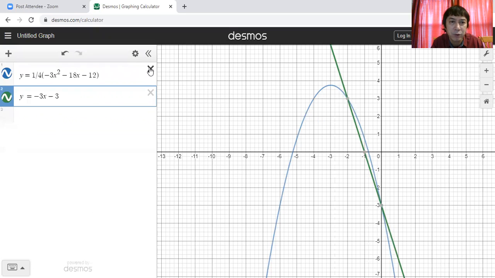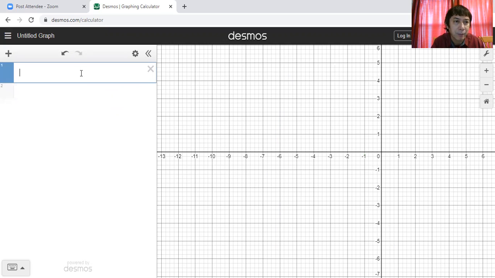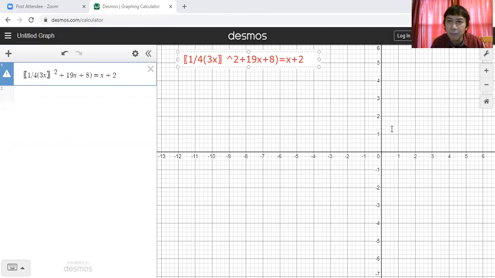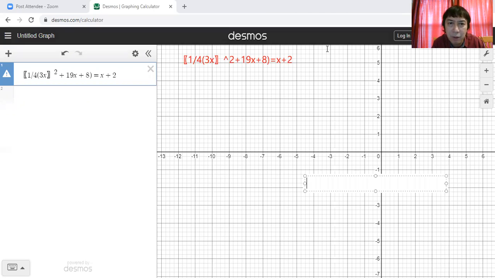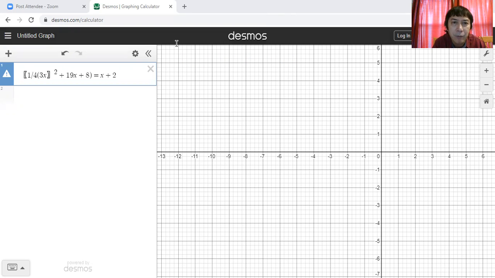Remove the previous problem. Okay, also put it on screen, and do a little adjustment there.